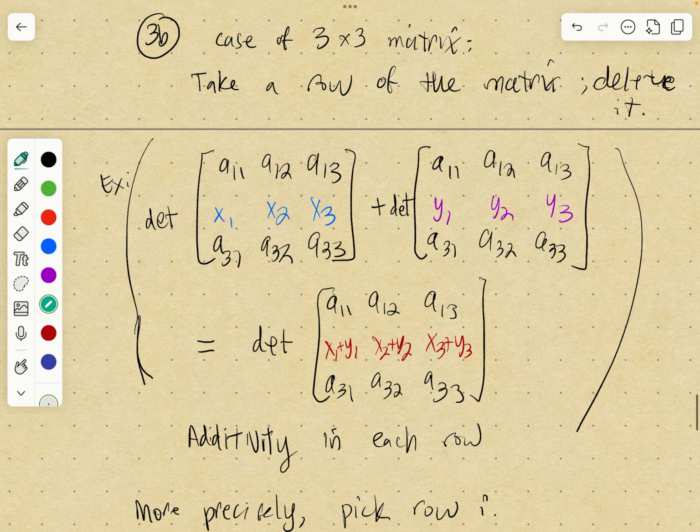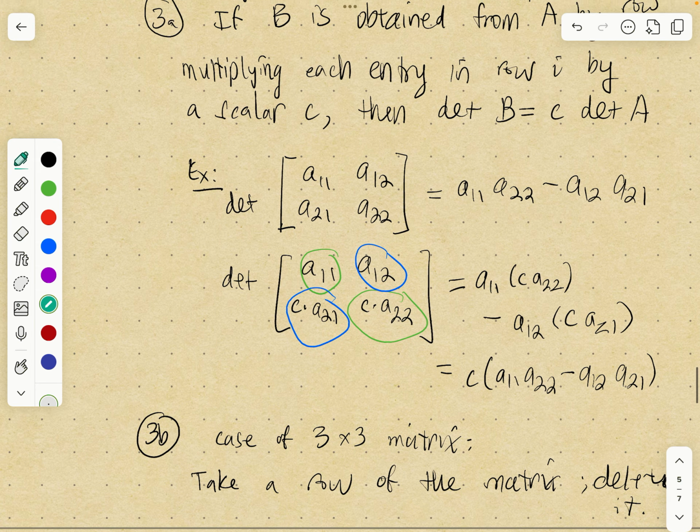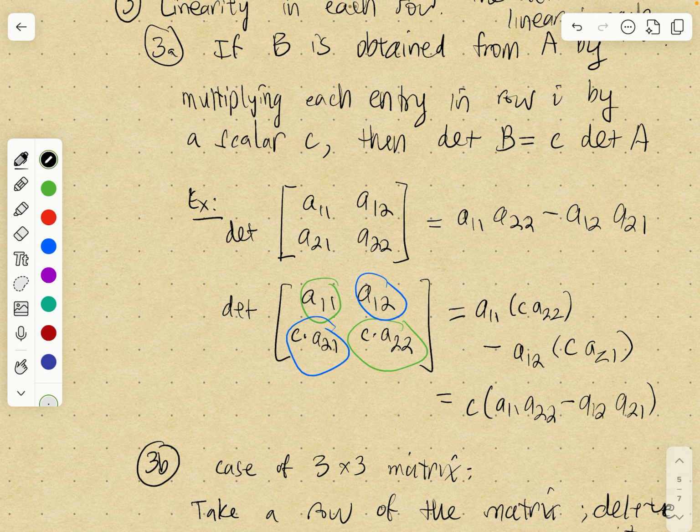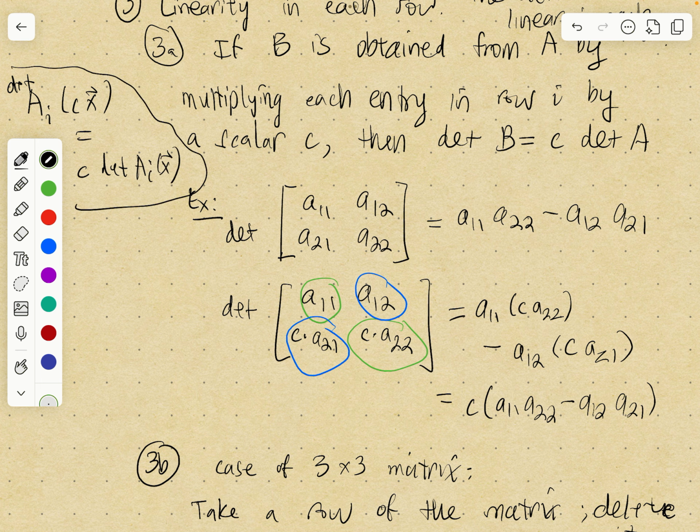And then what 3a is saying is that the determinant of A sub i, cx is equal to c times the determinant of A sub i x. That's one way to phrase what 3a is saying.